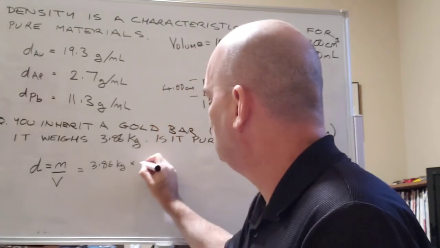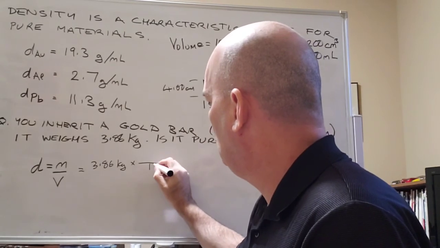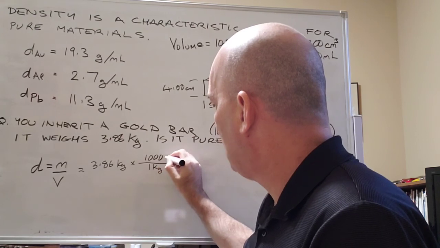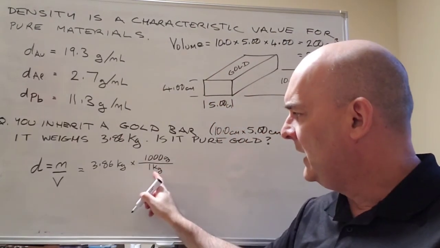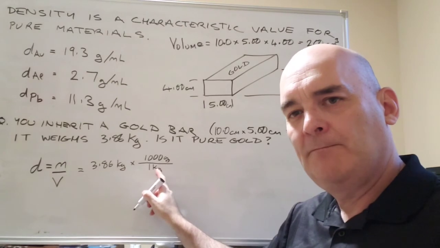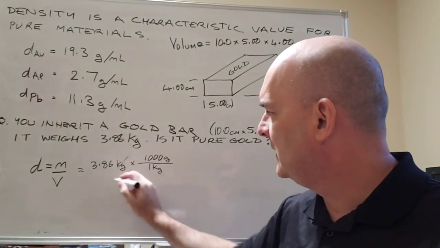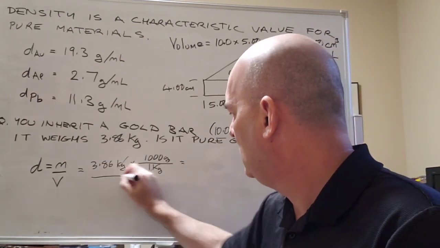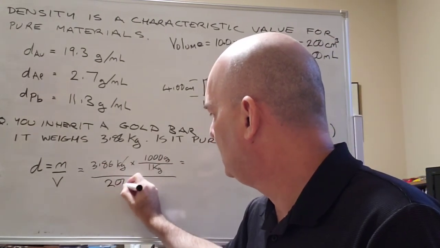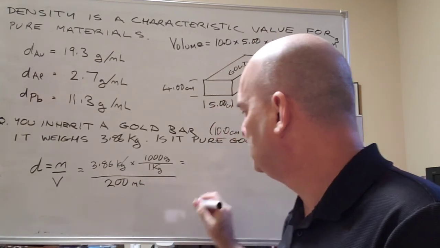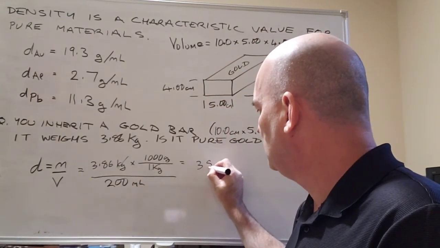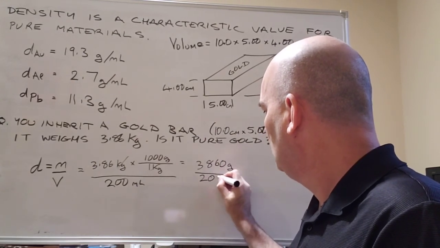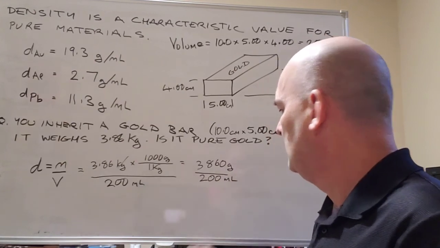And then I'm going to perform a unit conversion that says that 1 kilogram is the same as 1,000 grams. And if I put the kilograms at the bottom here, they will cancel the kilograms that are there. And my answer is now in grams. And then I'm going to divide that by the 200 milliliters. So this is now 3,860 grams divided by 200 milliliters.